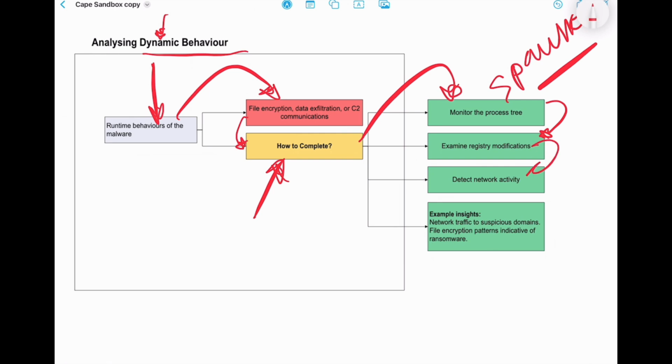Third, you would detect network activity using DNS queries and HTTP or HTTPS connections. This is an example insight. You would look at the network traffic for suspicious domains, and you can look at the file encryption patterns, which usually can indicate ransomware.